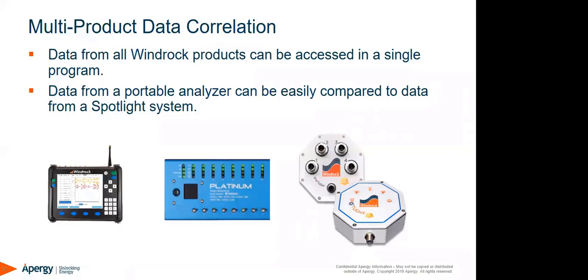We're able to bring the portable analyzer data into Windrock Enterprise. And our last project is going to be bringing Platinum data into the dashboard. So right now we're at two of our three main products all going to one dashboard. This gives you the ability to compare and contrast data from those different products in one place.